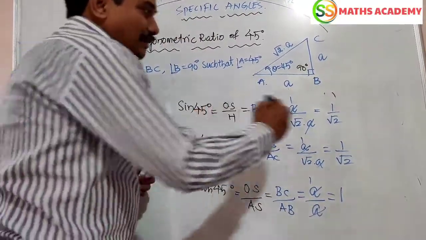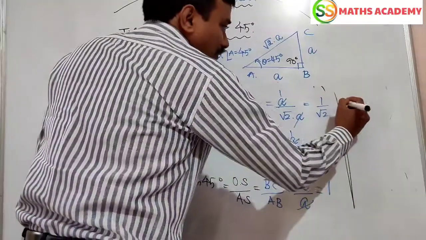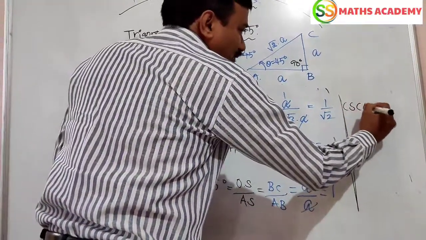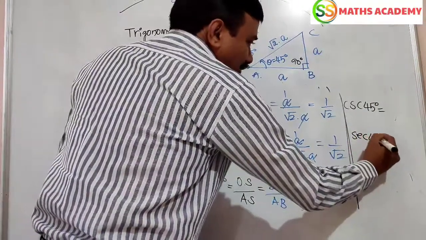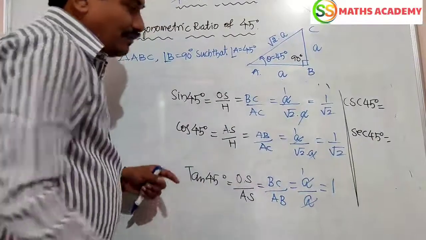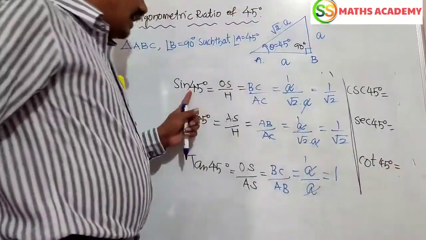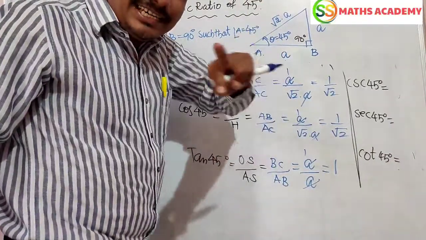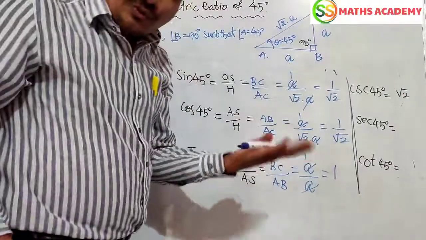Yes viewers, similarly you can write the remaining values very easily. The reciprocal of sin is cosec, of cos is sec, and of tan is cot. Sin 45 is 1 by root 2, so its reciprocal is root 2 by 1, which is root 2.